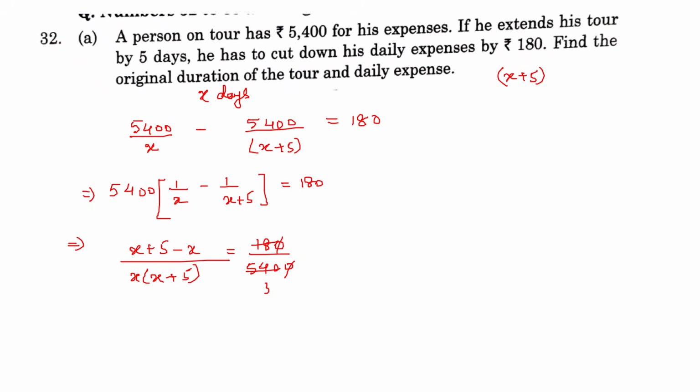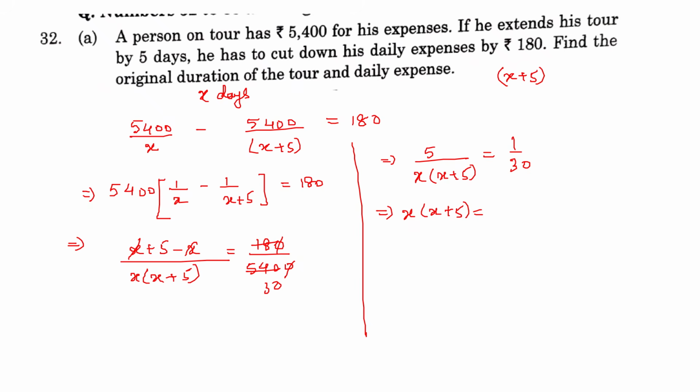So 180 times 30. So here we will get 5 by x into x plus 5 equal to 1 by 30. Now cross multiply. So we will get x into x plus 5 equal to 5 into 30, which is 150.